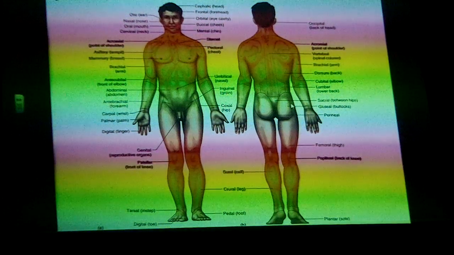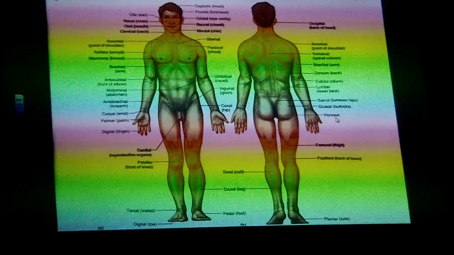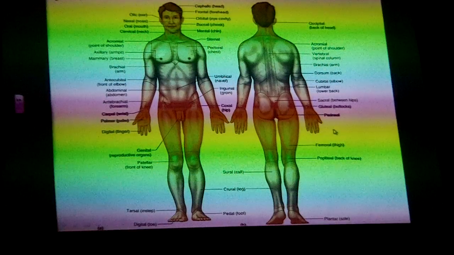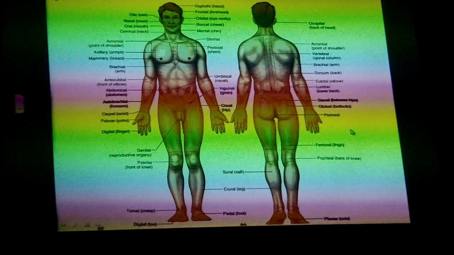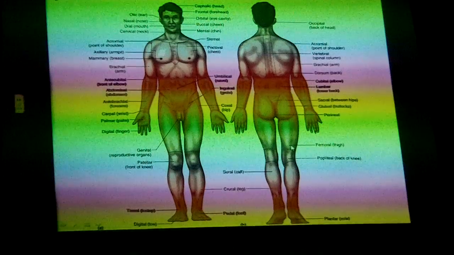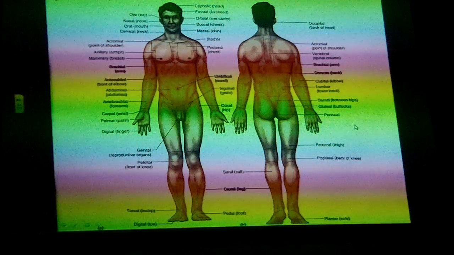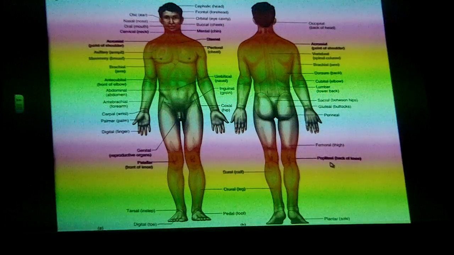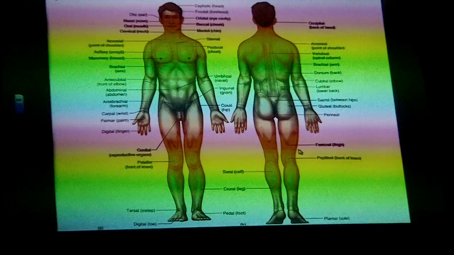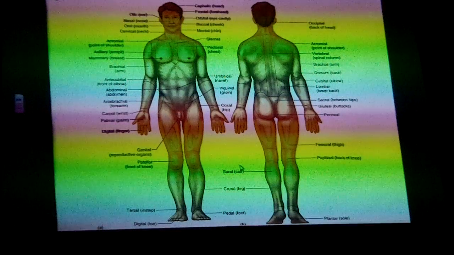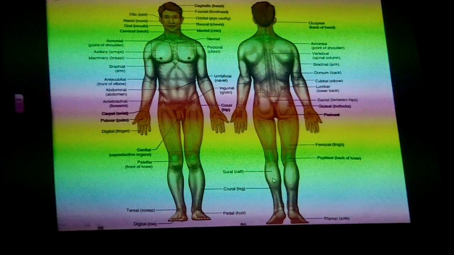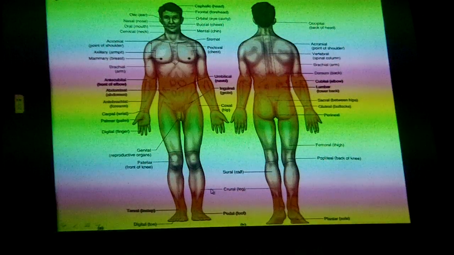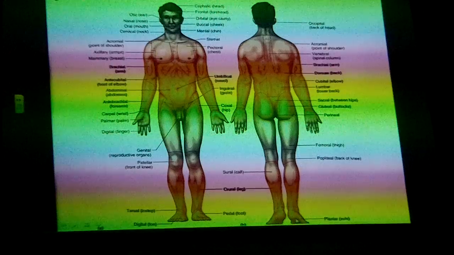Gluteal are your buttocks. Perineal are where your butthole is. The perineal area. Femoral is your thigh. You may have heard of the femoral artery. It's one of the biggest arteries. Popliteal is the back of the knee. Sural is the calf. We already did crural is the leg. And plantar is the sole.